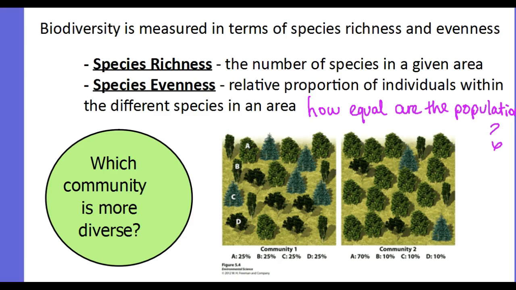The number of species, and then evenness, this is kind of like a complicated definition.